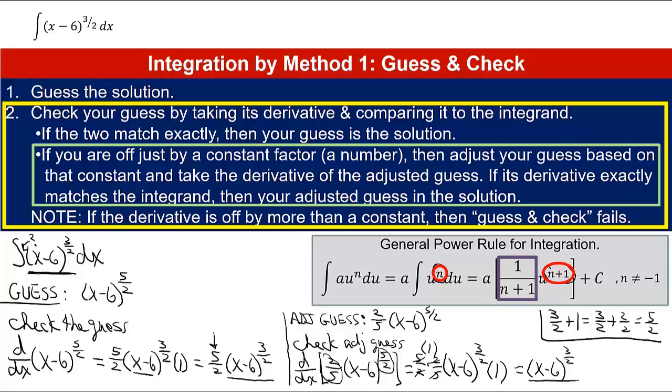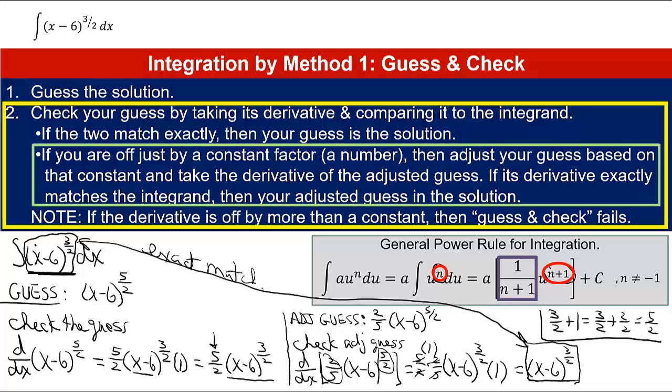Does it match the original problem? Well, look. The original integrand and our adjusted guess's derivative are, in fact, an exact match.